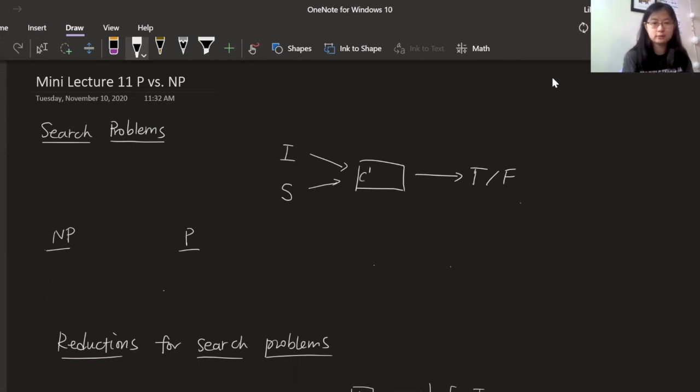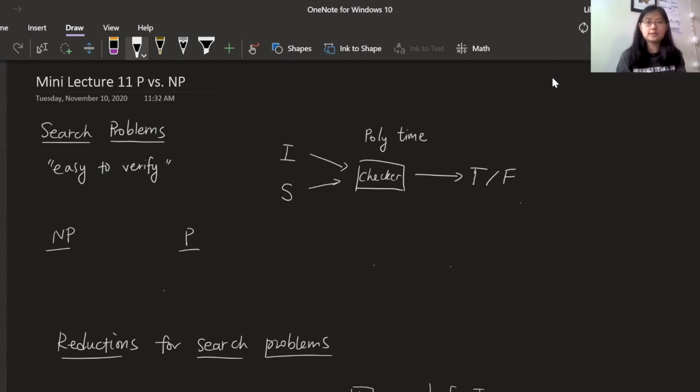This algorithm is just a checker, and it should operate in polynomial time. So loosely speaking, search problems are problems that are easy to check, easy to verify. This means that given some proposed solution, you can always verify it efficiently in polynomial time.